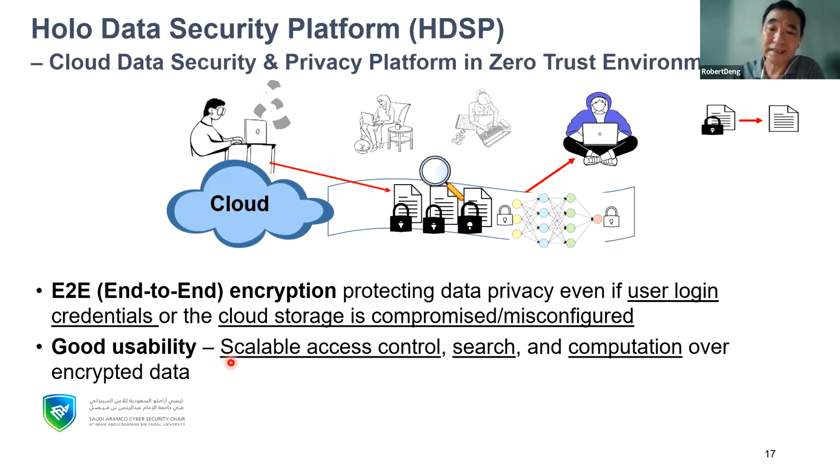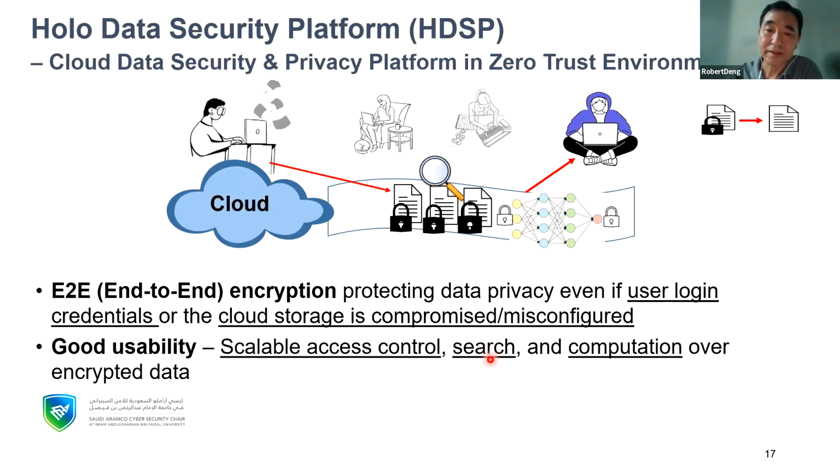The first is scalable access control. My data is encrypted in the cloud, and those data must be shared with other authorized users. That sharing process is access control. This access control must be scalable and easy to do.